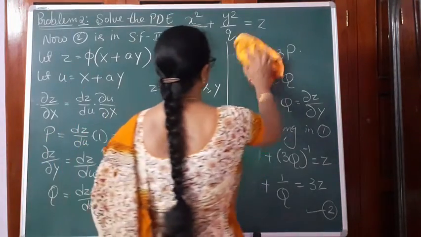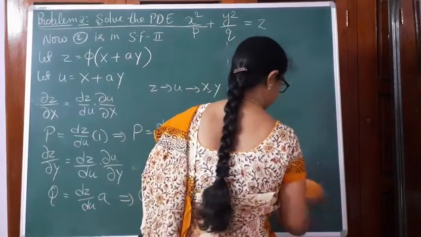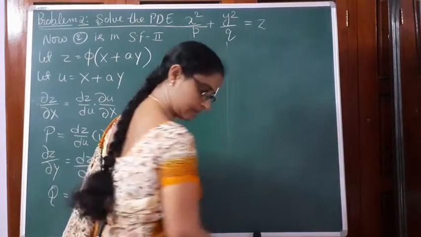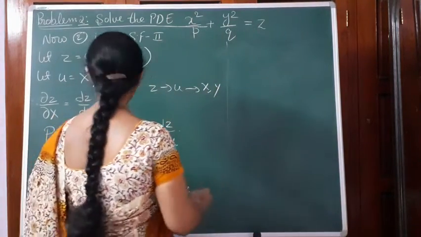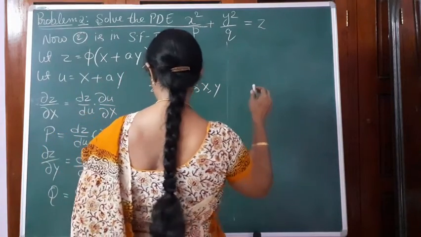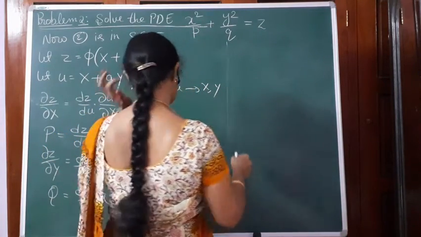Okay. So here I continue. Now substituting in equation 2. What is equation 2? 1 by P plus 1 by Q is equal to 3z.